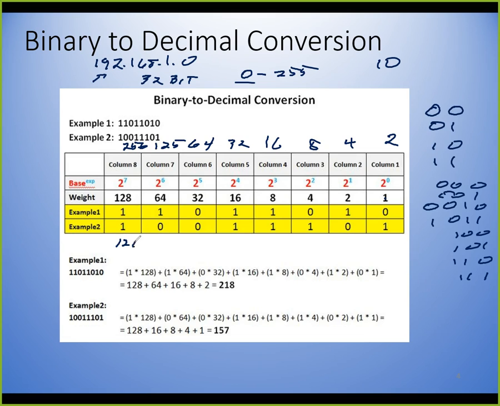I'm going to write them here, 128. 1 times 64 is 64. 0 times 32 is 0. 1 times 16, 1 times 8, 0 times 4s, 1 times 2, and 0 times 1s. When we add those up, just add those numbers up, and you will have converted from binary to decimal, in this case 218. Same thing down here, 157.